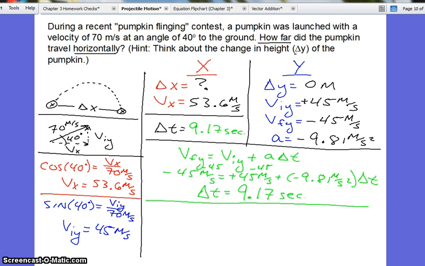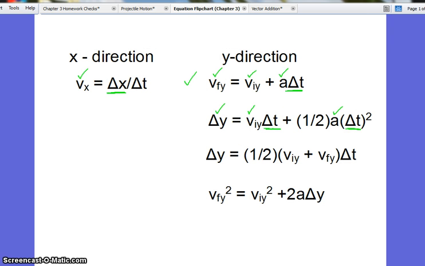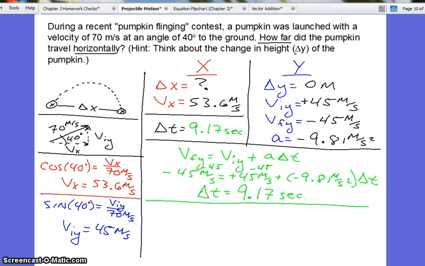So now when I go back to my equations, we need to solve for delta x. I know Vx is 53.6 meters per second, and delta t is my 9.17 seconds. So coming back to my chart here, my equation is Vx is delta x over delta t.